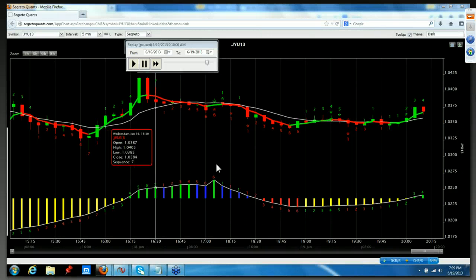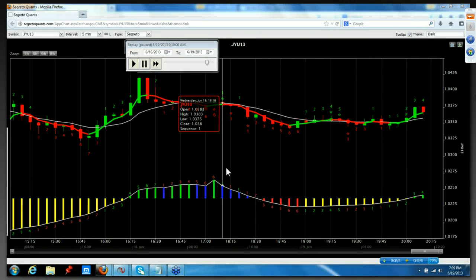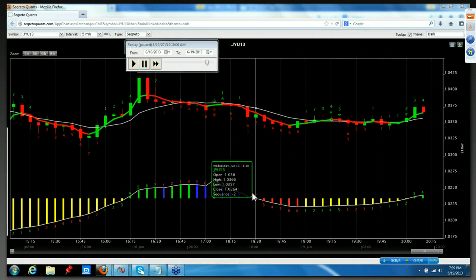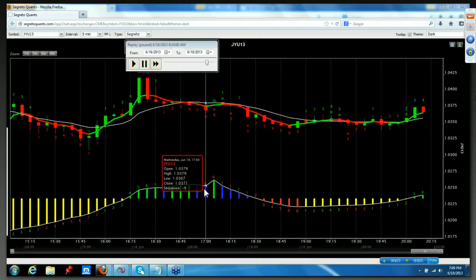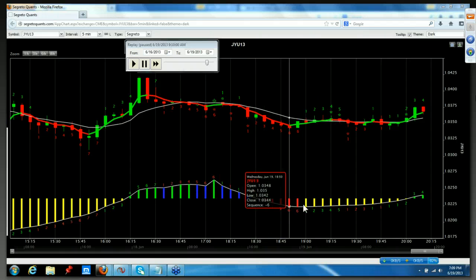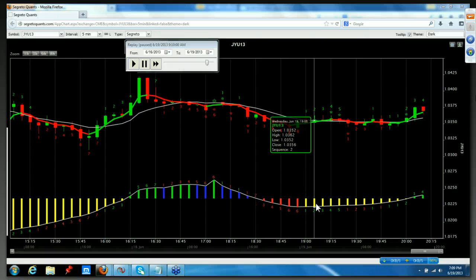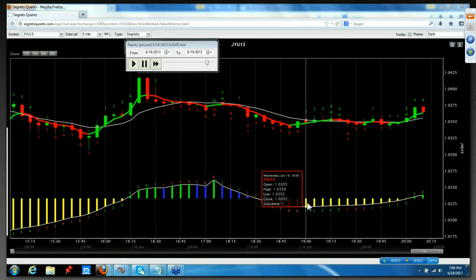I'm going to show you exactly how I do that when we work on the replay examples. The oscillator also follows a numerical sequence, and it matches the one above. Now, the colors have significance. I'm going to show you those rather than explain them now. I'm going to show it to you in relation to the perfect trade so that it makes sense to you.